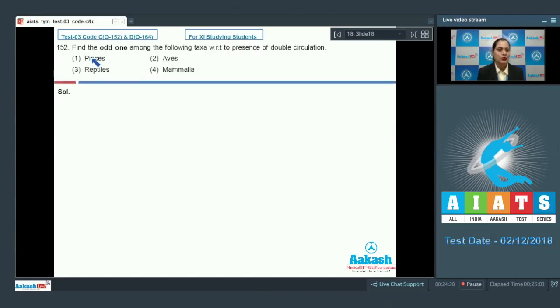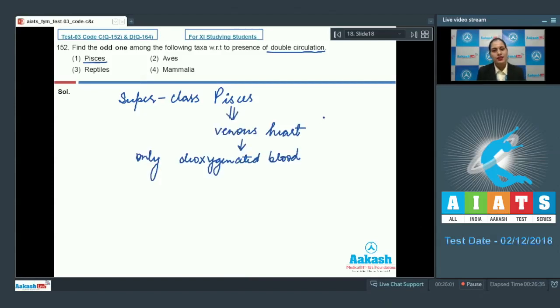Question number 152. Find the odd one among the following taxa with respect to presence of double circulation. The very first option given is Pisces. In Pisces, only deoxygenated blood is pumped.